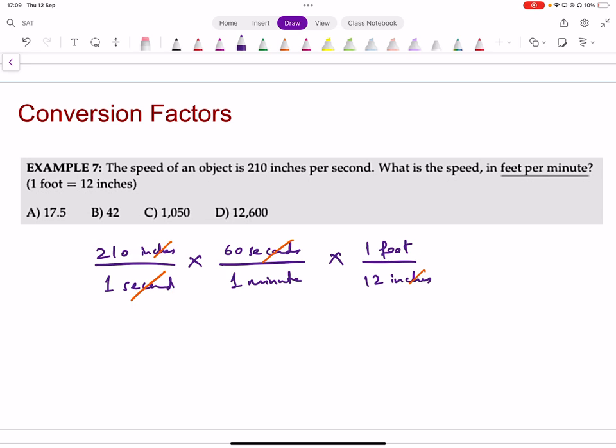210 times 60 divided by 12. That's 210 into 5, which is 1050 feet per minute. And that should be C. Does that make sense? Yes.